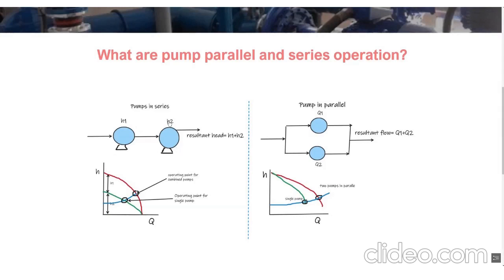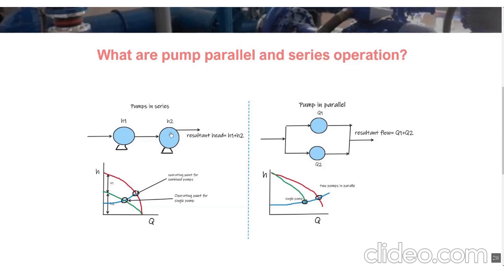On the left hand side, two pumps are installed in series. It means the discharge of one pump is entering into the suction of the second pump, and both are connected to each other in a series manner.